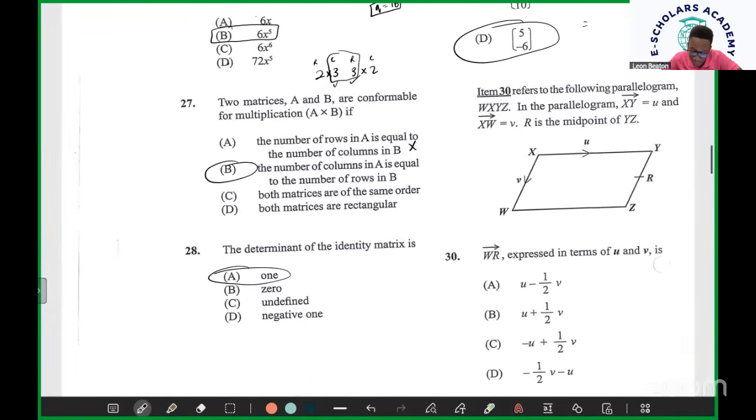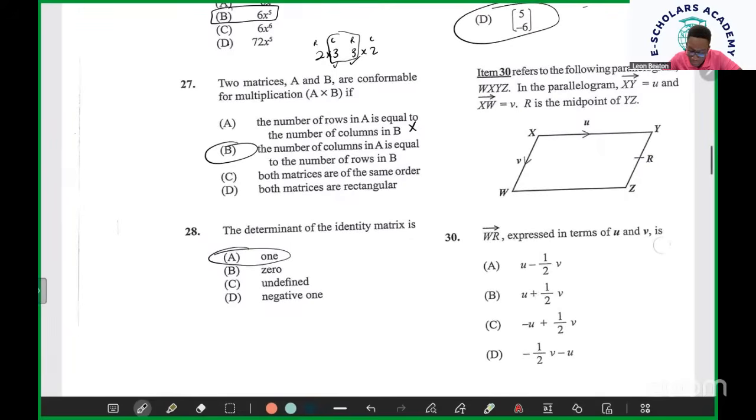Let's see. Dealing with a parallelogram, XY is equal to u, XW is equal to v, R is the midpoint. So they change up this here. WR would be W to R. So that would be equal to, we can move from W to Z, which is u, plus Z to R would be half of v. v is going in that direction, so because you're going in the other direction, it has to be a negative.